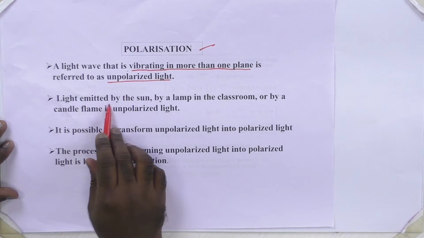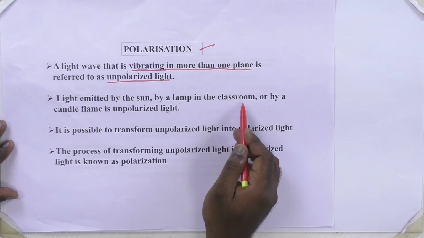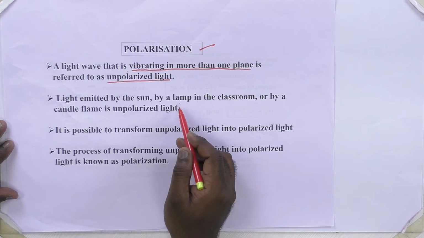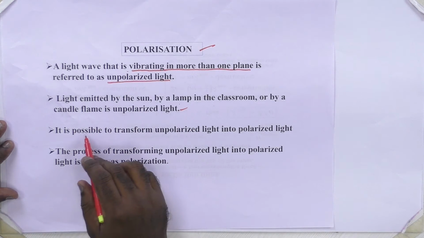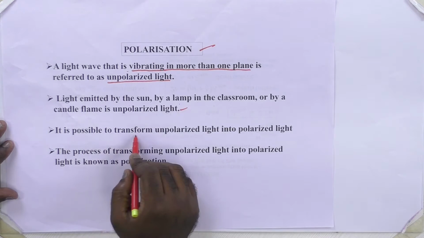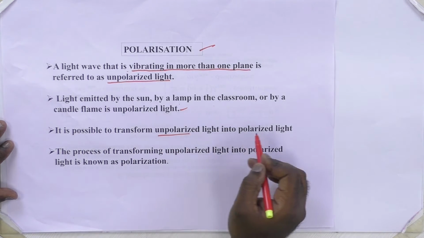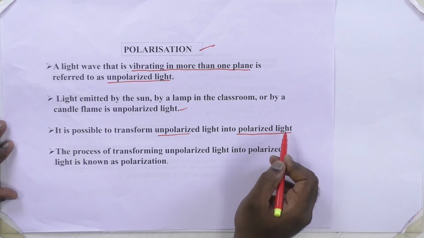Light emitted by the sun, a lamp in a classroom or a candle flame is unpolarized light. It is possible to transform this unpolarized light into polarized light.